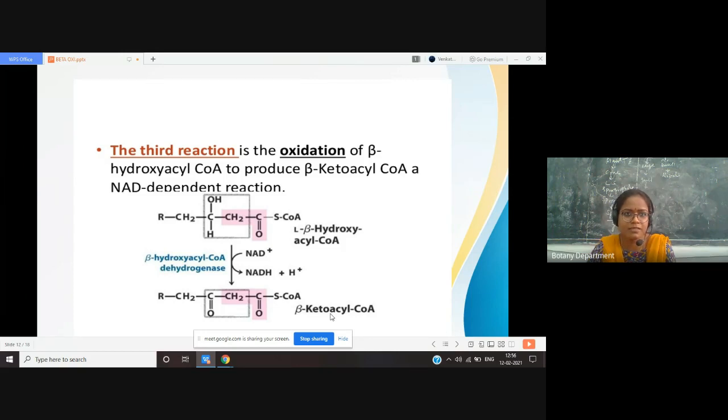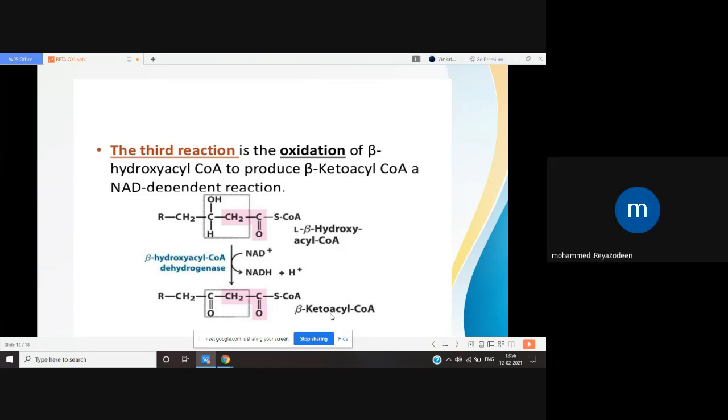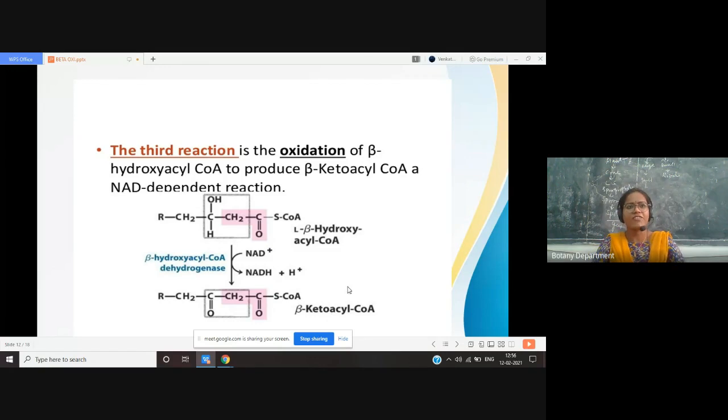Is it clear? Once again. Whatever carbon is attached to a functional group, we have functional groups like the acid functional group COOH, the ketone functional group C double bond O, and the hydroxy functional group COH.